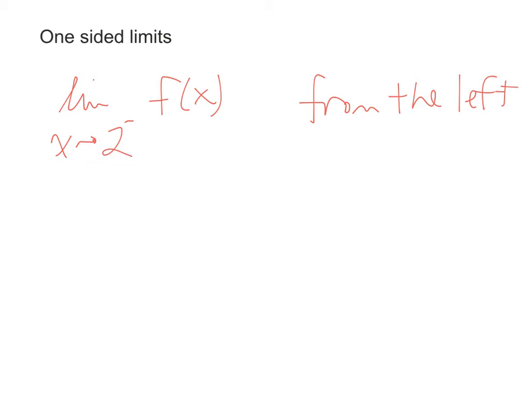So what that might look like if I've got some function here, I don't even know what, it doesn't matter. If I'm looking at the limit as x is approaching 2 from the left, that means I'm going to be traveling along the function this way, approaching from the left-hand side of 2, and then I'll stop right there, whatever that happens to be.